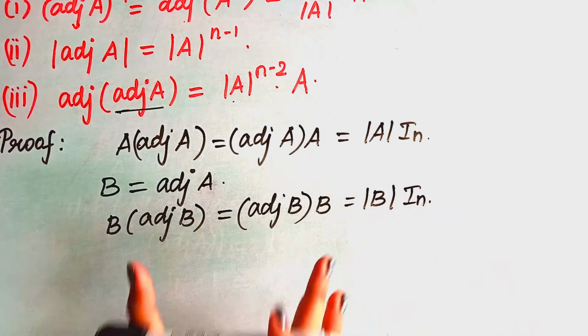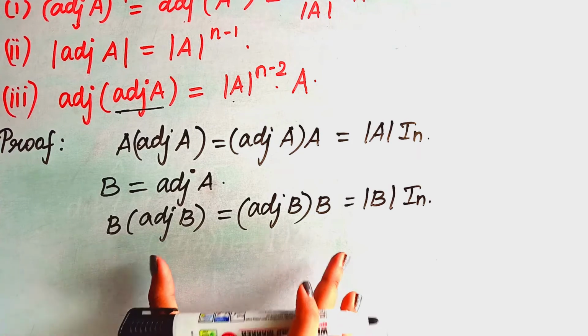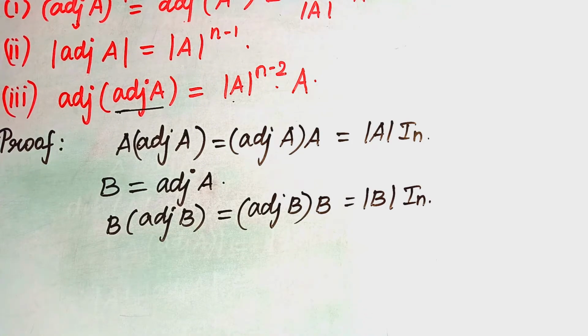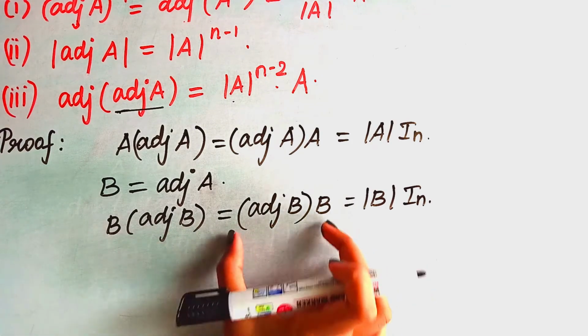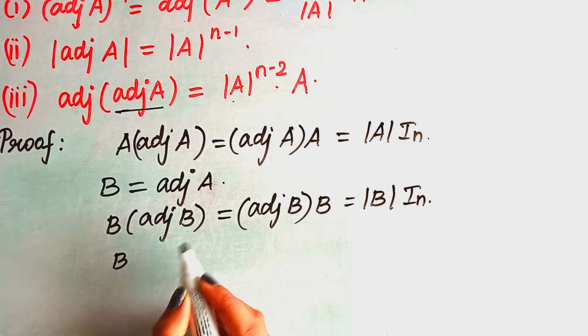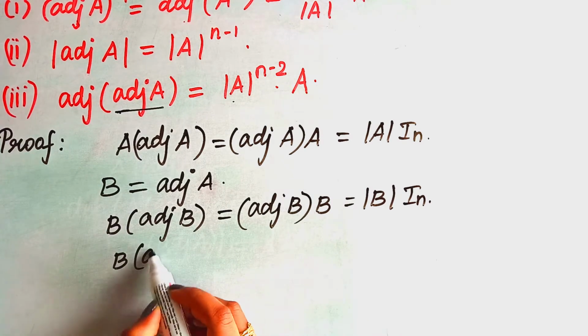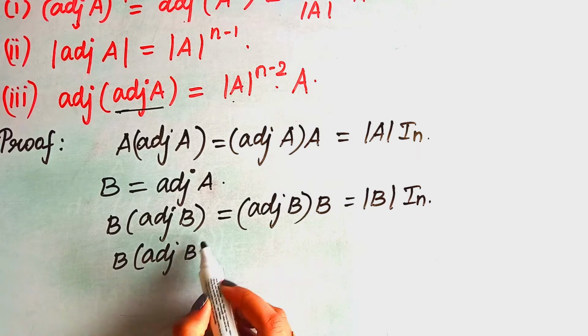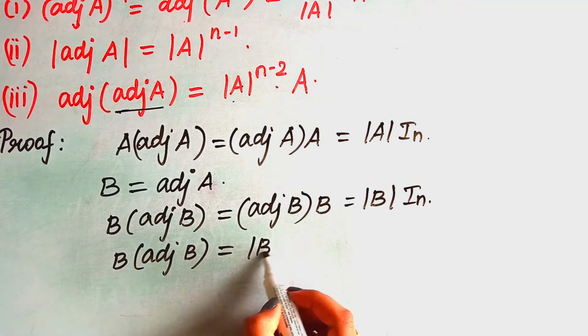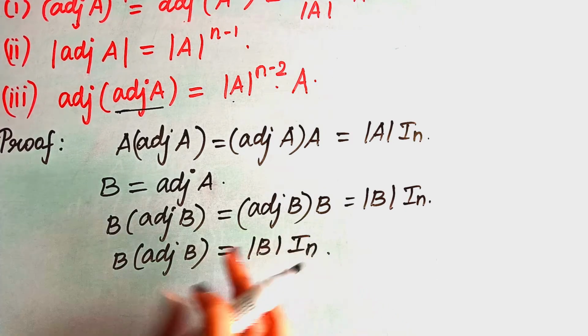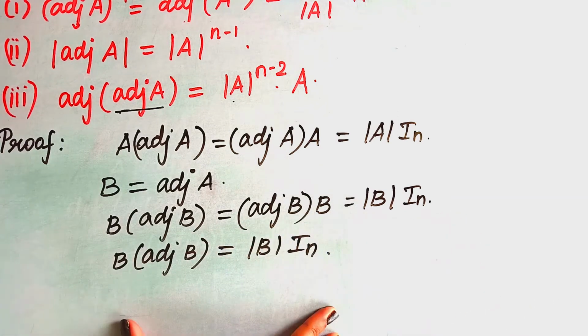Okay, so now we have written the formula based on this. Now we are going to take any one of the elements from these two terms. I'm taking this first element, B into adjoint B is equal to determinant of B into In.